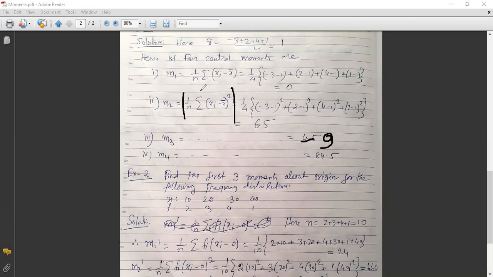Whatever the value, if it is negative, always take the positive part. Similarly, you can find this M4. M4 will be this to the power 4, this to the 4 and this to the 4. Since the power is even, you always get the positive part.